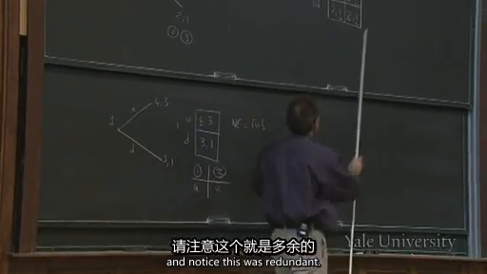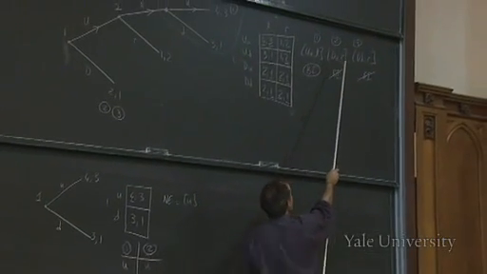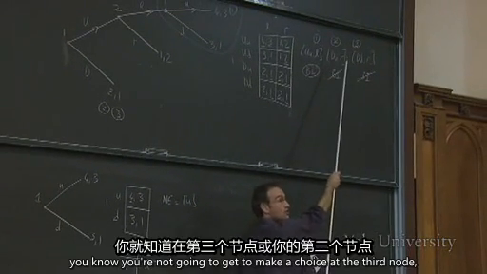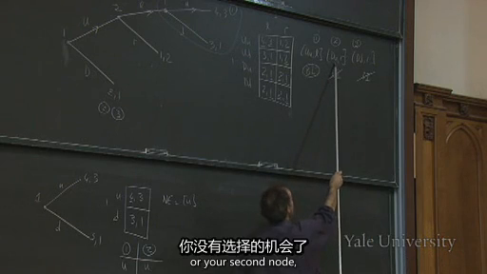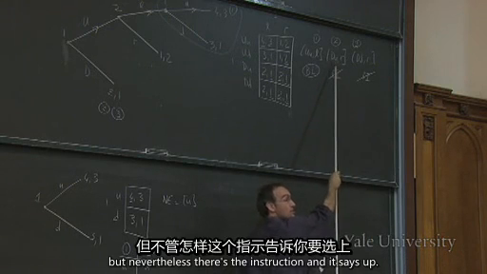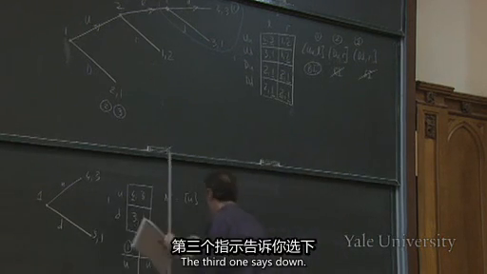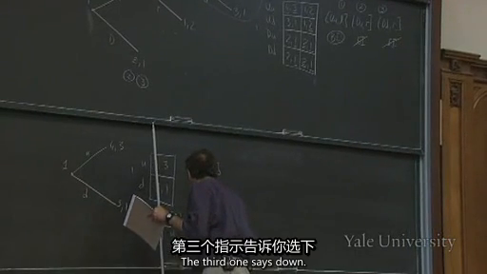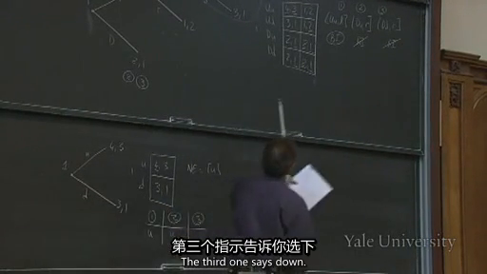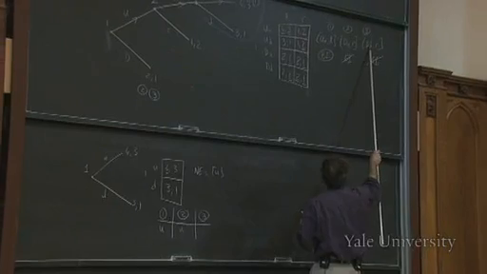And notice this was redundant, right? Once you've chosen down, you know you're not going to get to make a choice at your second node, but nevertheless, there's the instruction and it says up. And the third one says down.